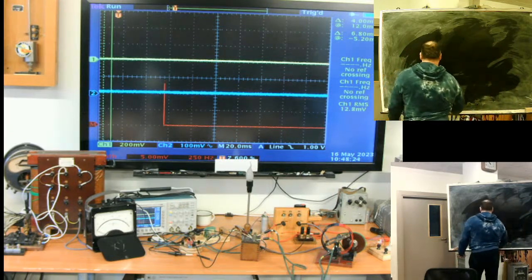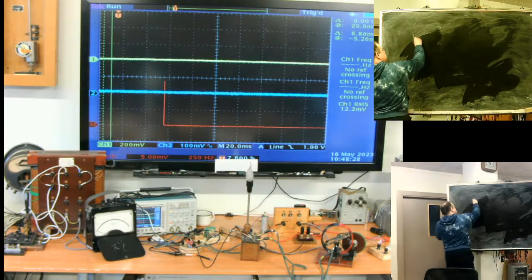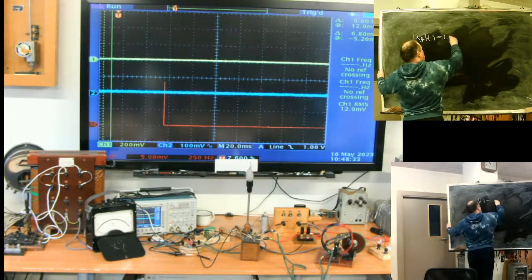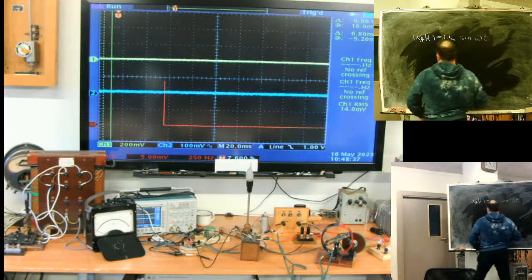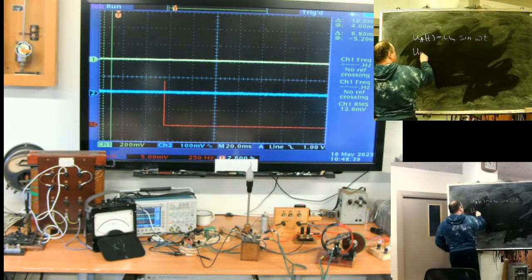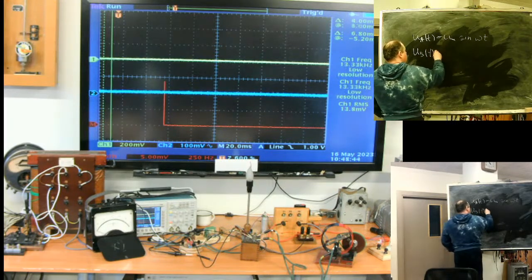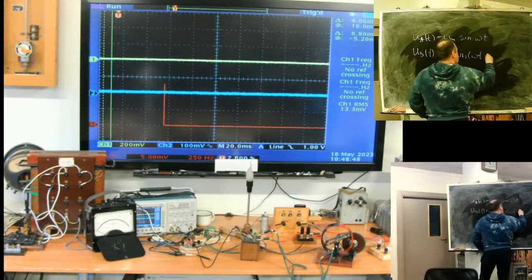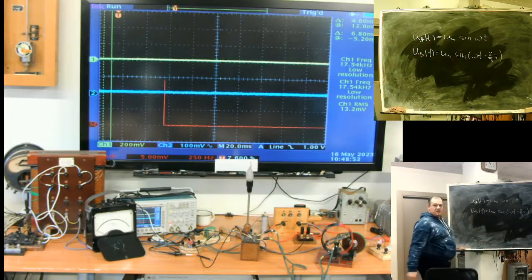Now you have voltage, A phase being sine omega t. B phase voltage will be shifted by almost 2/3 of pi. We have 120 degree shift between phases.